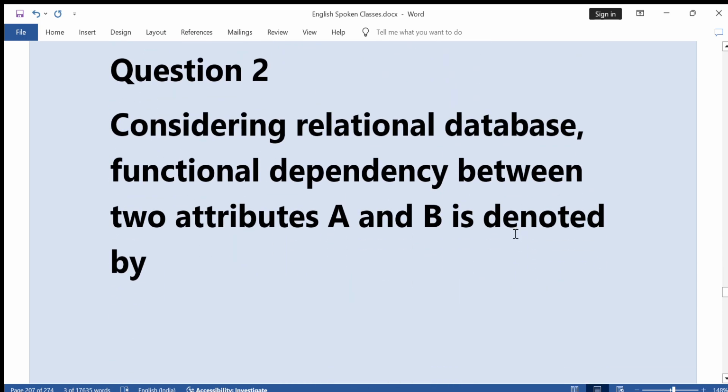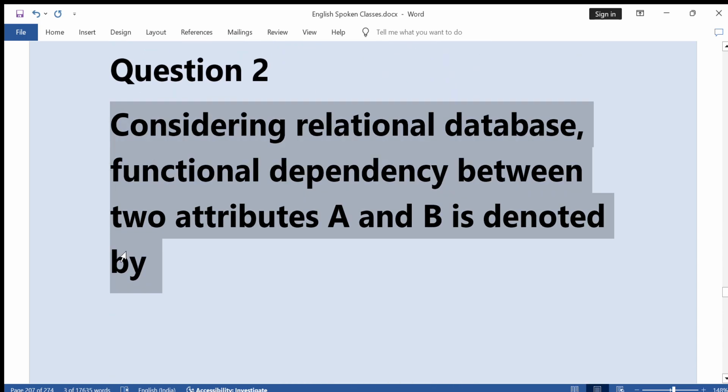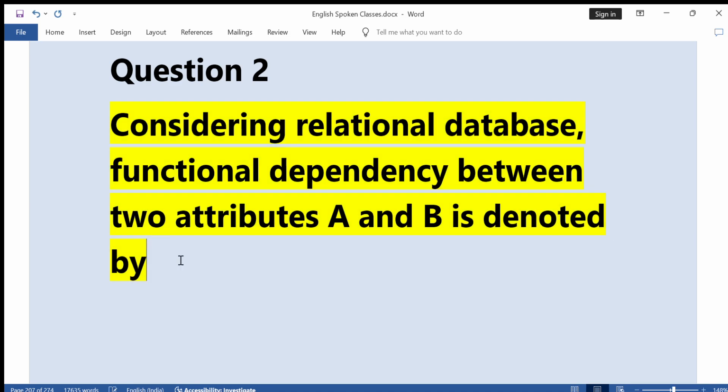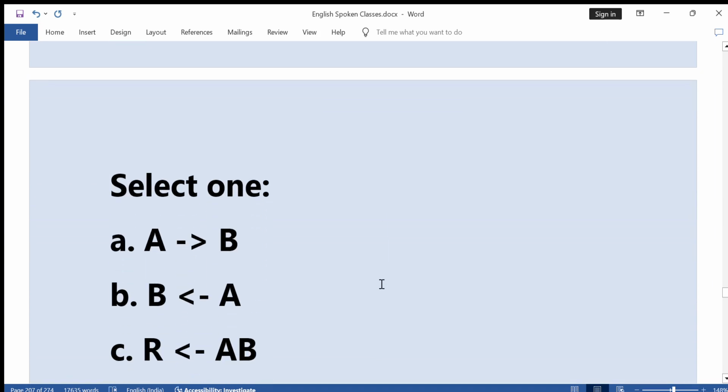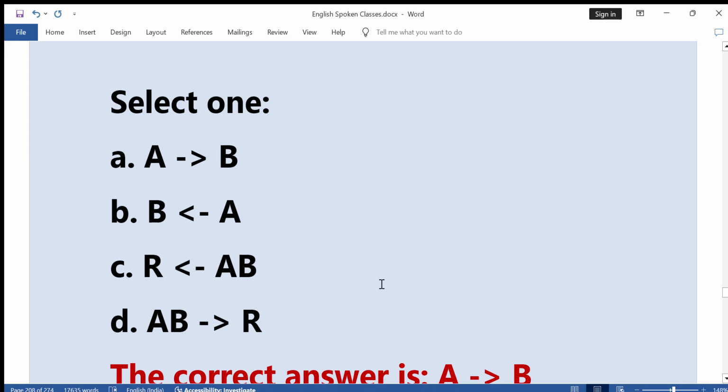Second question is: considering a relational database, a functional dependency between two attributes A and B is denoted by. Option A, A greater than B. Option B, B greater than A. Option C, R greater than AB.